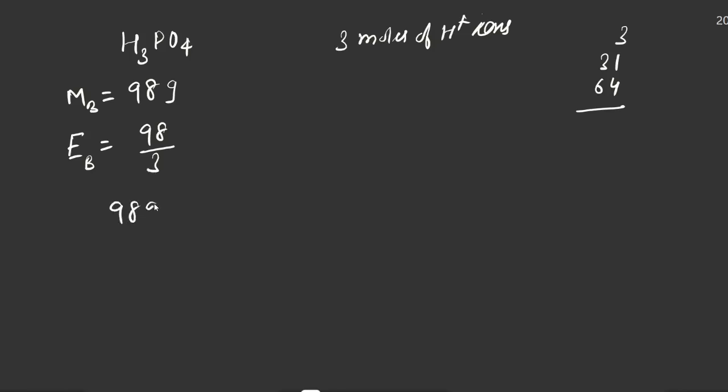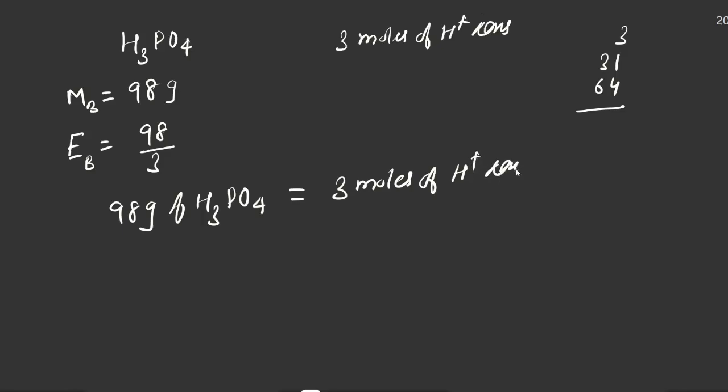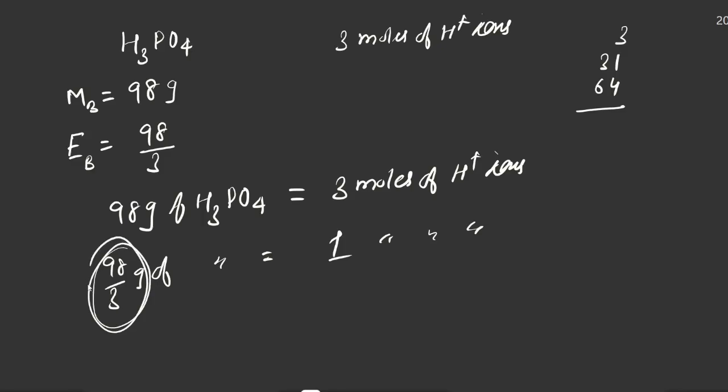So 98 gram of H3PO4 furnishes 3 moles of H plus ion, so 98 by 3 gram of H3PO4 will furnish 1 mole of H plus. So one equivalent always furnishes 1 mole of H plus ion, and one equivalent of base always furnishes 1 mole of OH negative.